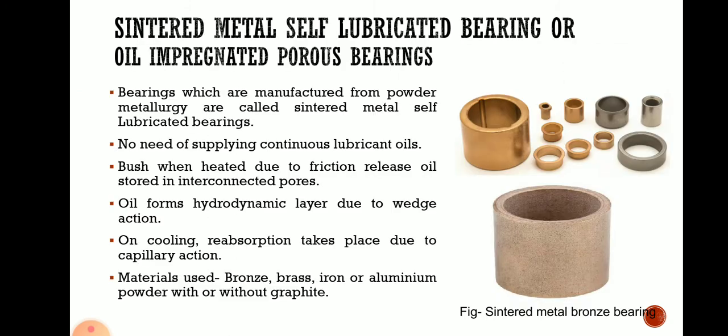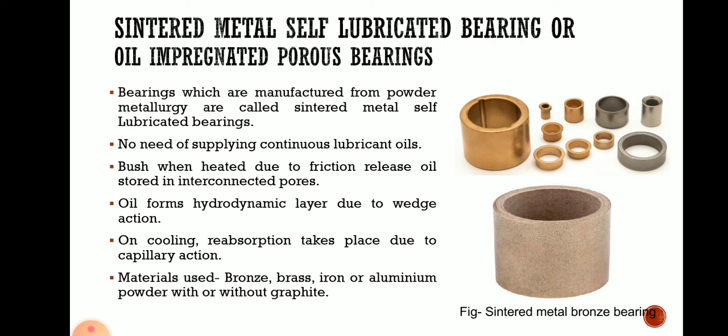Now, those self-lubricating bearings are prepared generally by the powder metallurgy process, and are also called sintered metal self-lubricated bearings or oil impregnated porous bearings. In exam they may ask: explain the oil impregnated porous bearings, or explain the self-lubricated porous bearings, or the sintered metal self-lubricated bearings. Those are one and the same.